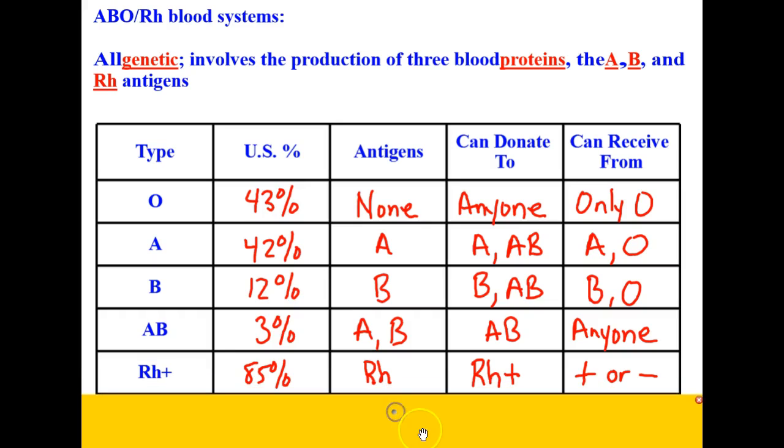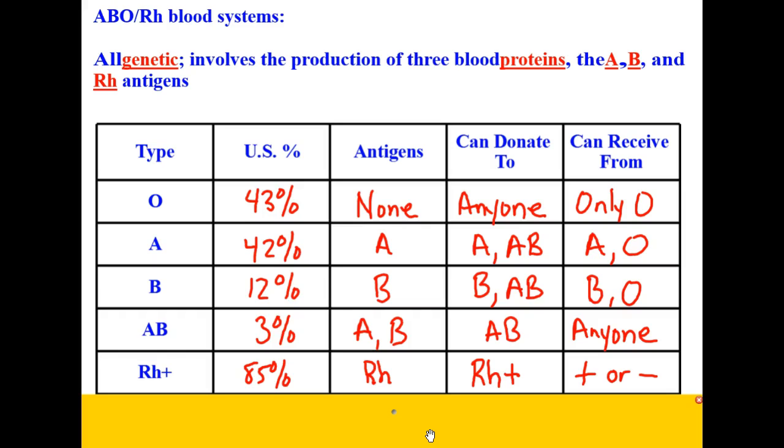Let's talk about the Rh factor. As we talked about earlier in class this year, Rh antigens, Rh proteins, were discovered by working with rhesus monkeys. And rhesus monkeys begin with an Rh. That's how you spell it. Therefore, it became known as Rh protein.